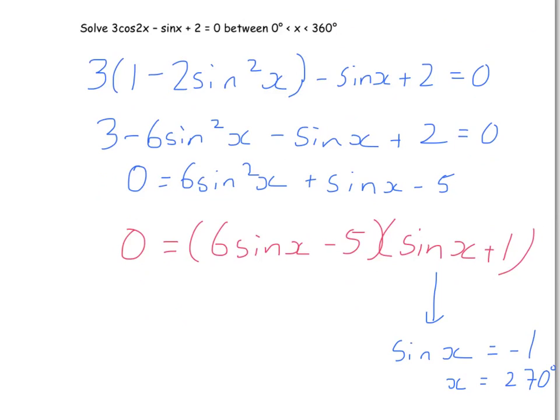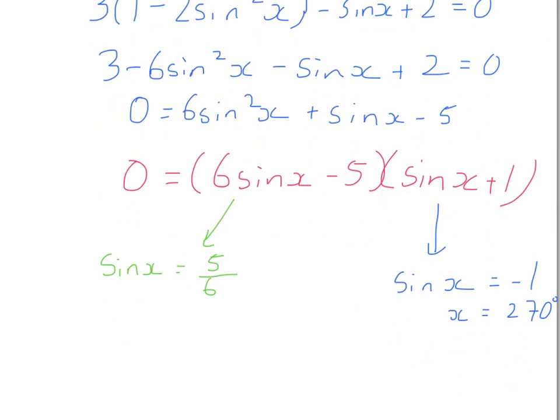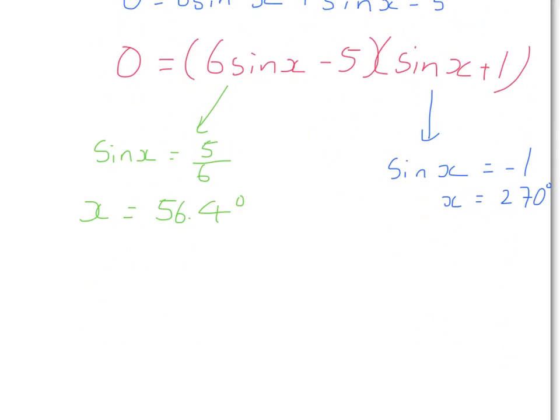And the other one is going to be where sine x is equal to 5 over 6, which is at x equals 56.4 degrees. And if you remember the sine graph, it goes up and down between 0, 180 and 360.